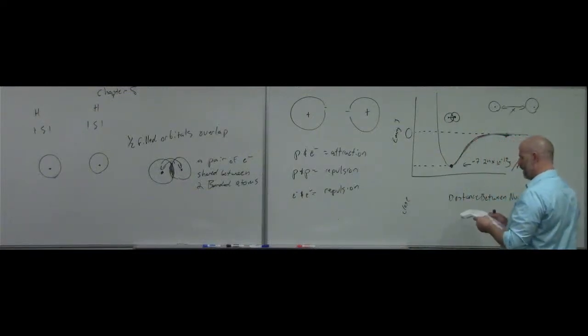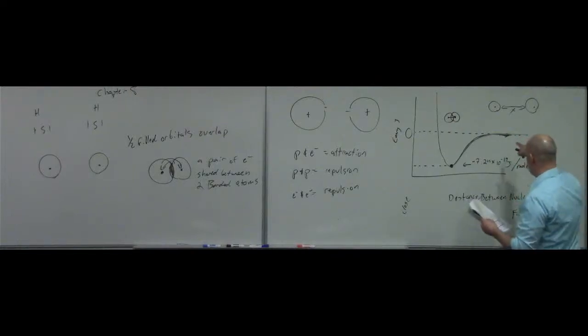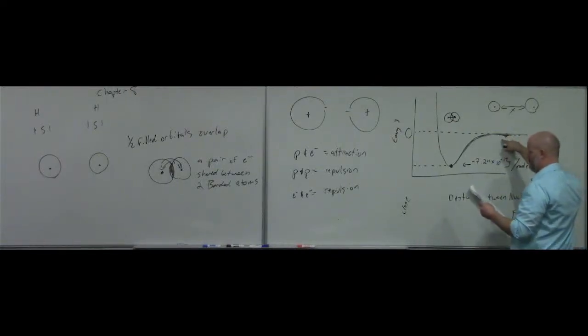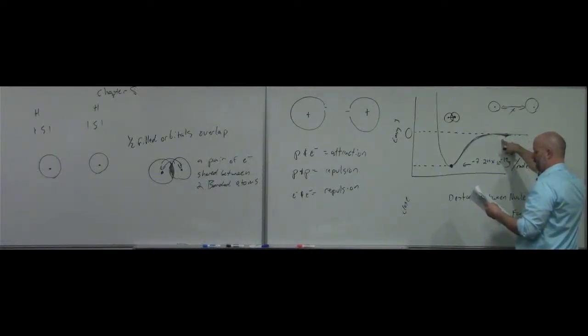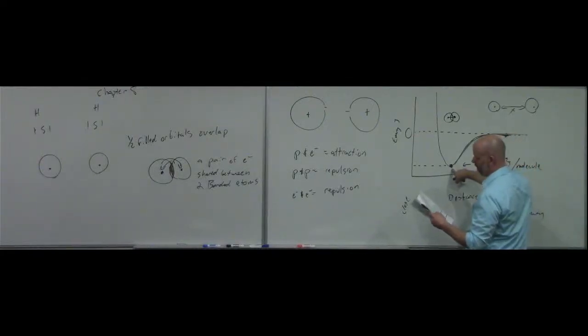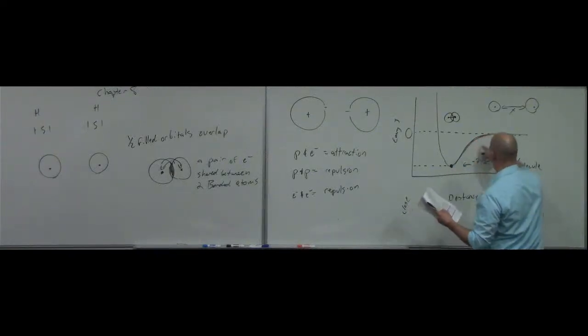So it says here the bond energy is the difference between the energy minimum, that's here, which occurs at the bond distance, and the energy at which they separate. Sorry, this is the energy minimum. The energy at the distance at which they bond, and the energy at which they separate.